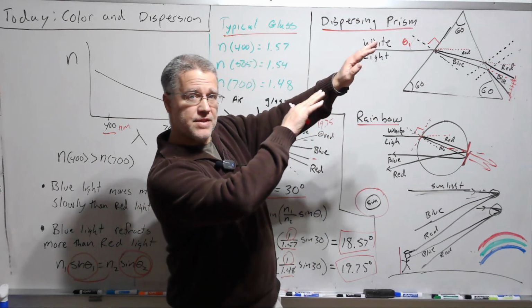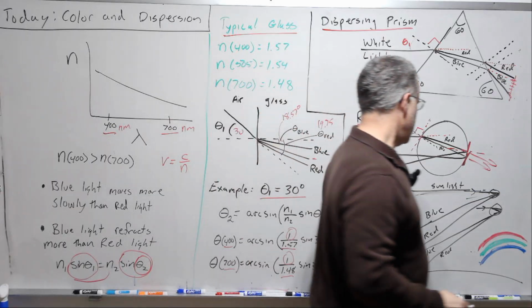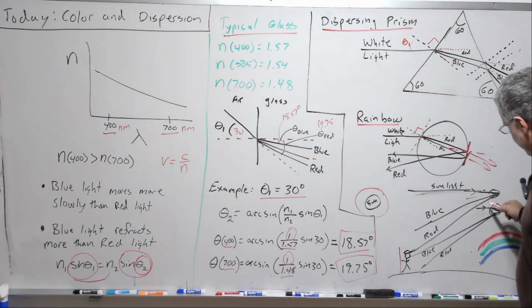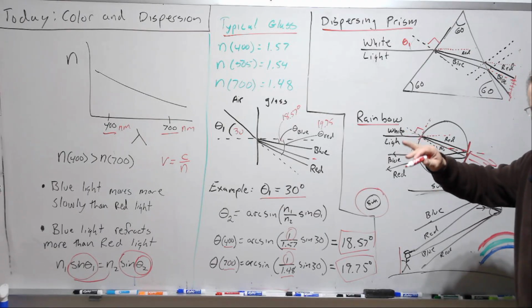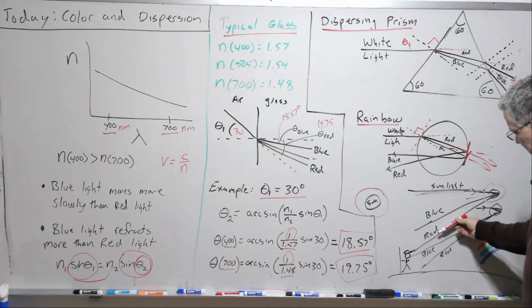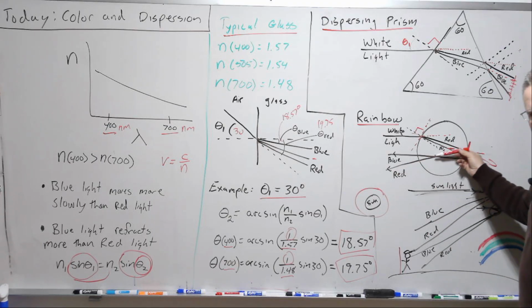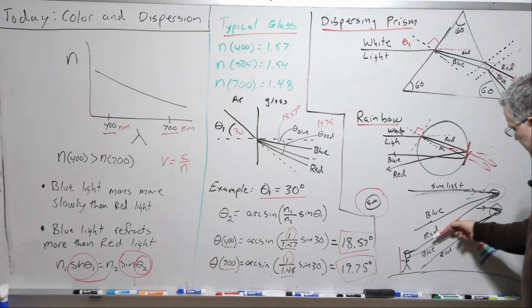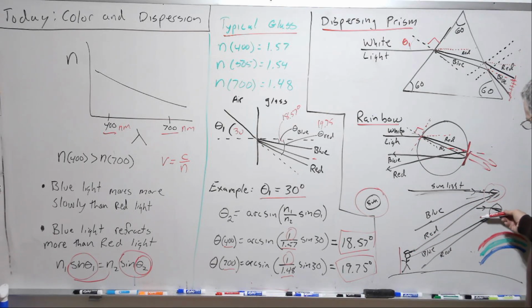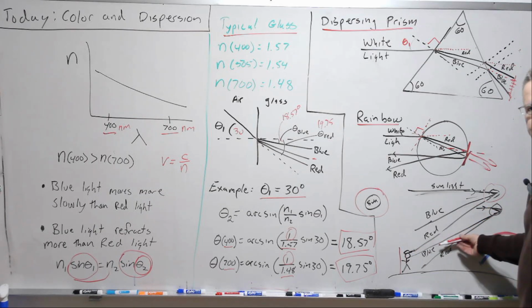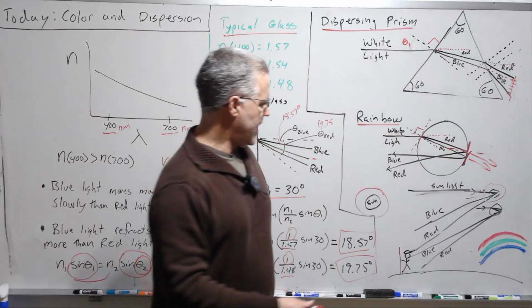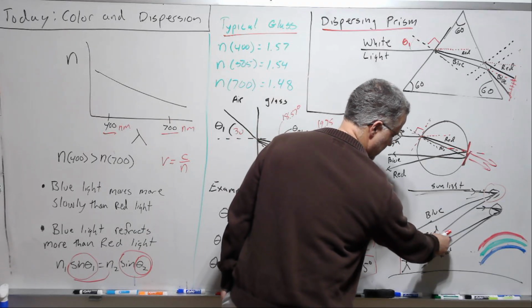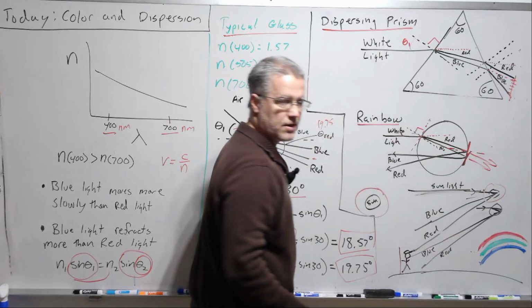So if we look up in that direction, we see red coming from one strata, because the red angle is a sharper angle. So the red comes from a higher strata, and then the blue comes from a lower strata. So the optimal angle for red is stronger and blue is weaker.